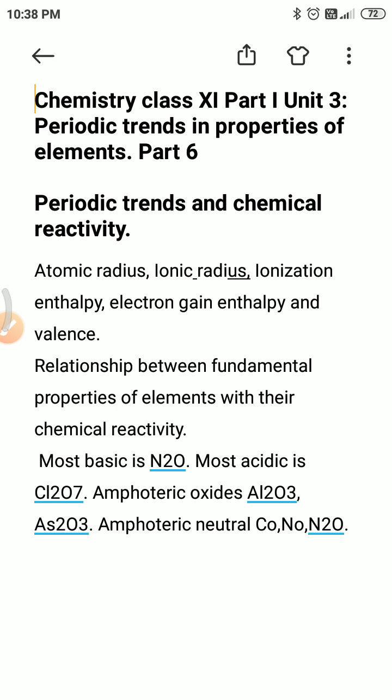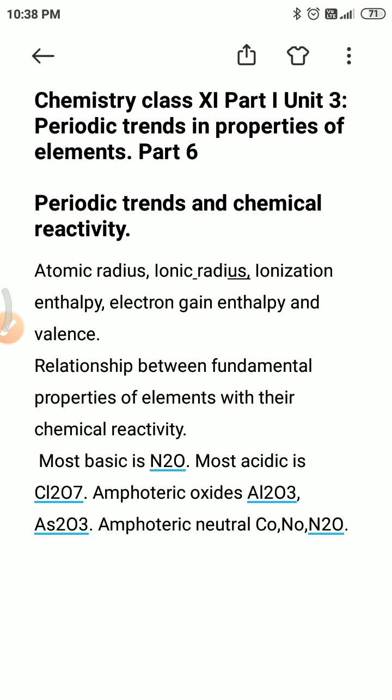Thus, the maximum chemical reactivity at the extreme left, say among alkali metals, is exhibited by the loss of an electron leading to the formation of a cation, and at the extreme right among the halogens, by the gain of an electron forming an anion.